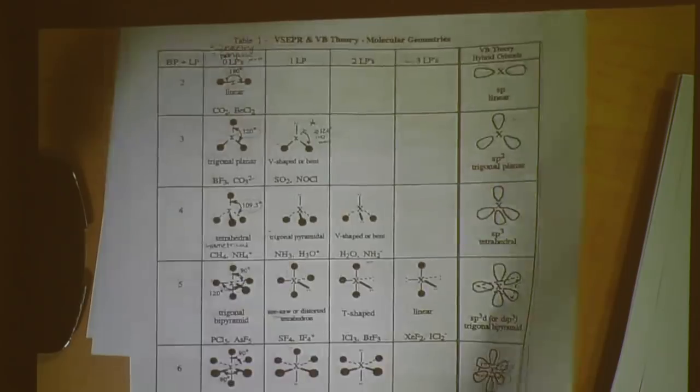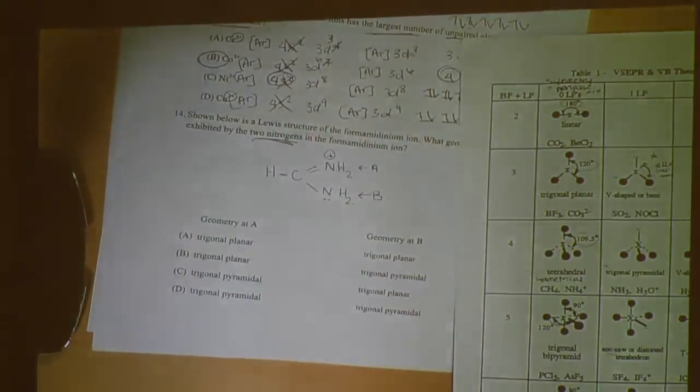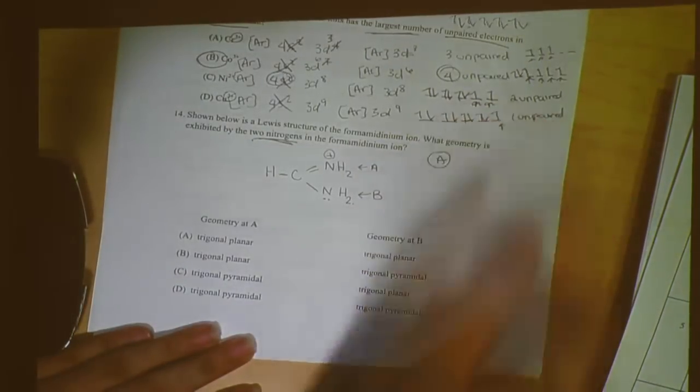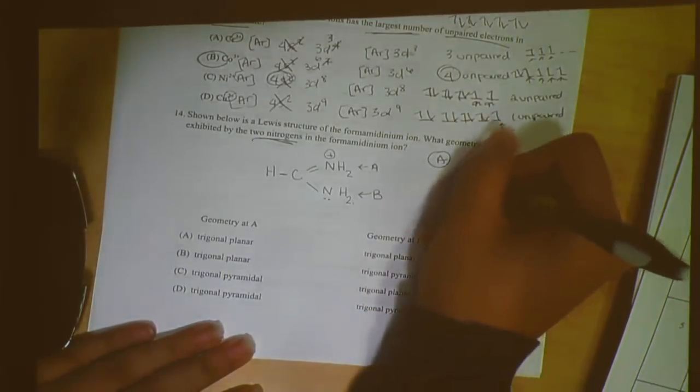Okay, so it's asking you for A and B. There's A and B. And it's looking at the nitrogens. It wants it of the nitrogens. And they have nitrogen A and nitrogen B. So let's kind of separate nitrogen A and see what it looks like, and nitrogen B. So let's say A. You have a nitrogen.